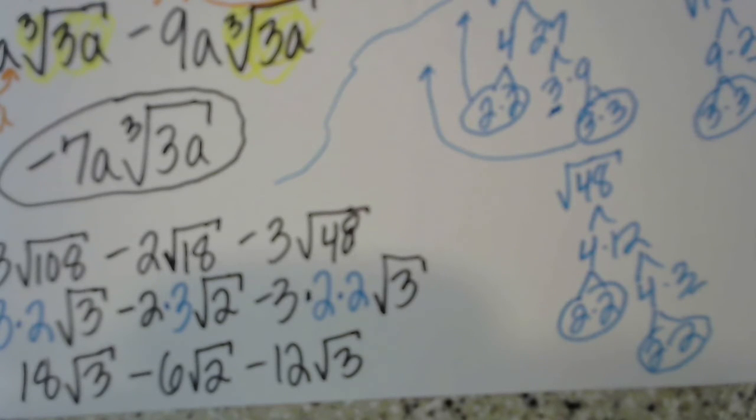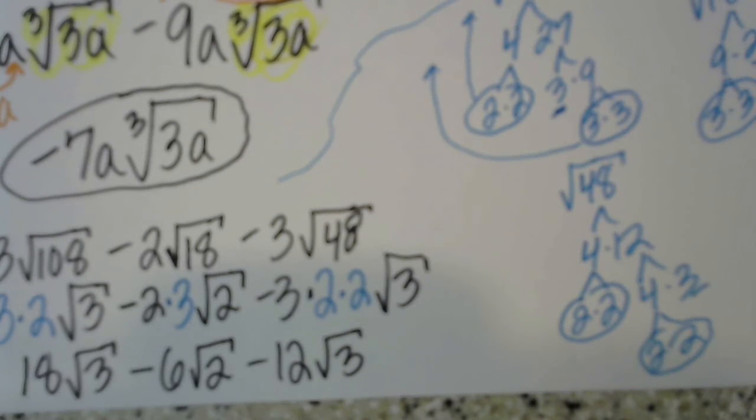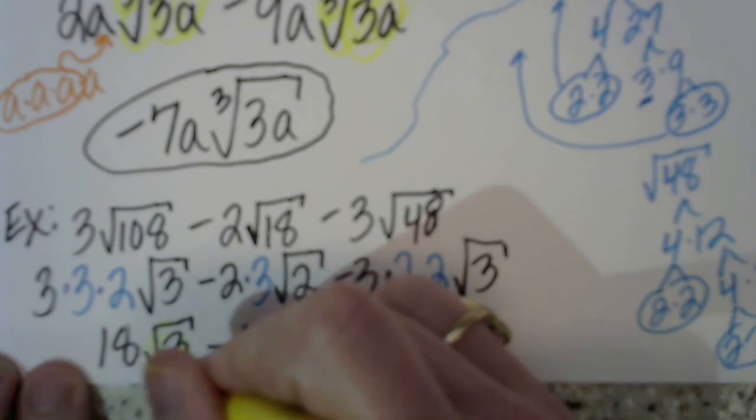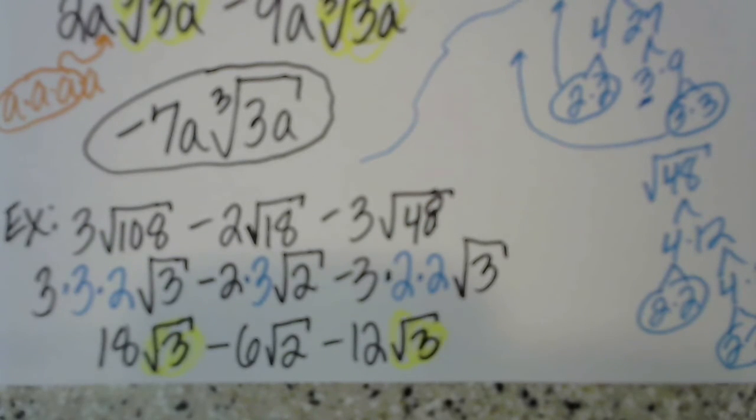Now, out of those 3 original radicals, only 2 of them have the same type and number underneath. So those are the only 2 that I can add. 18 minus 12 is 6.